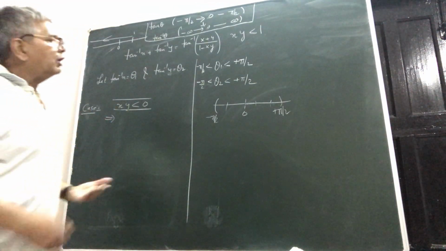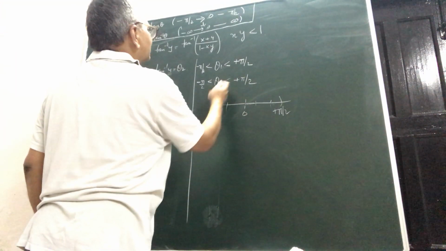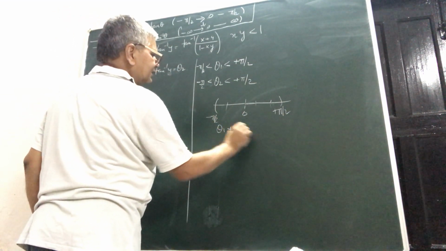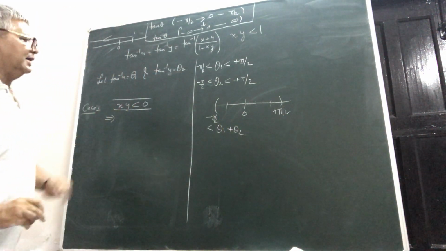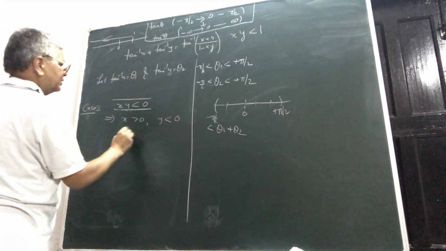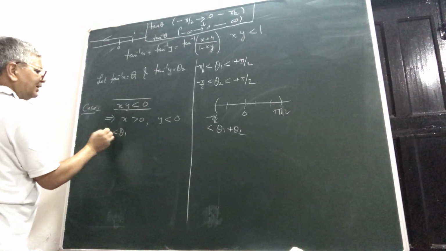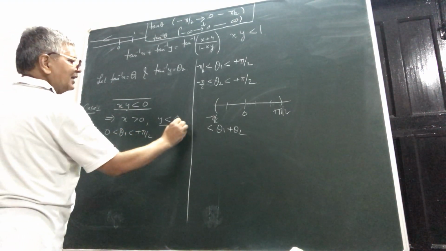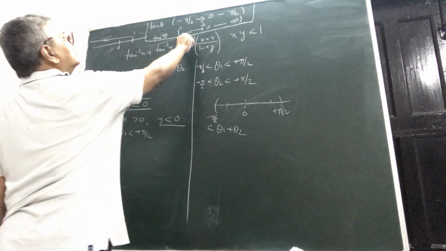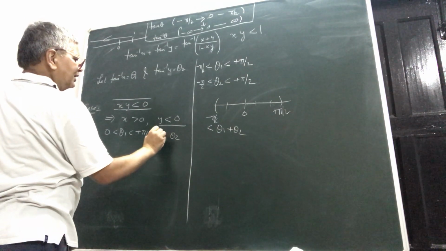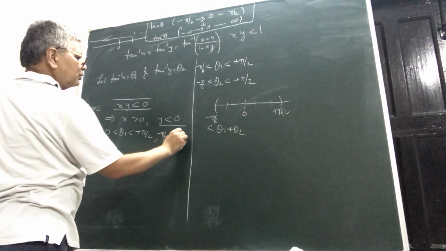So what does it mean? Theta 1 plus theta 2, if they are lying... what essentially we are proving is that if x is greater than 0 and y is greater than 0, it means theta 1 is lying between 0 and pi by 2. And here y is less than 0, which means theta 2 is lying between minus pi by 2 and 0.